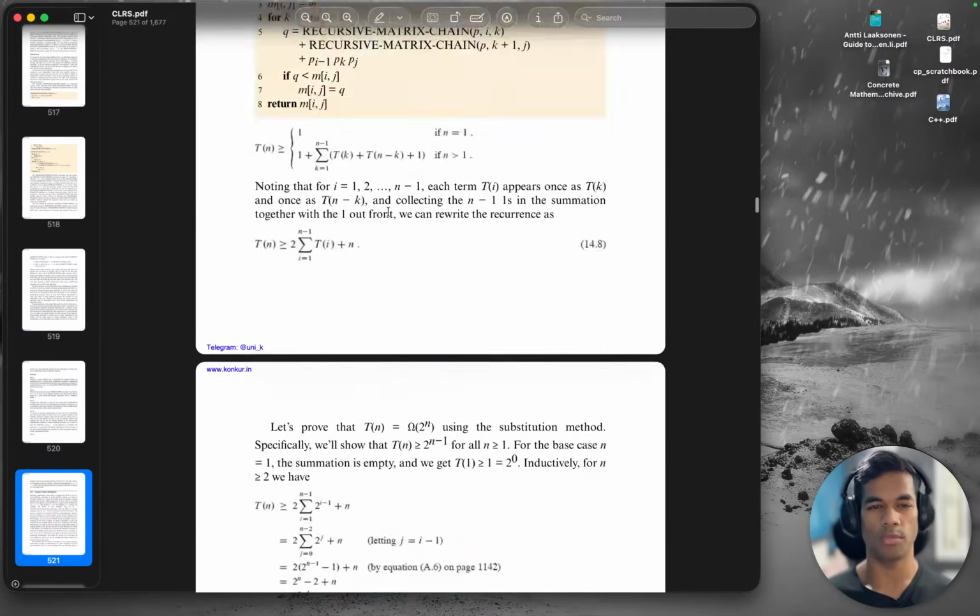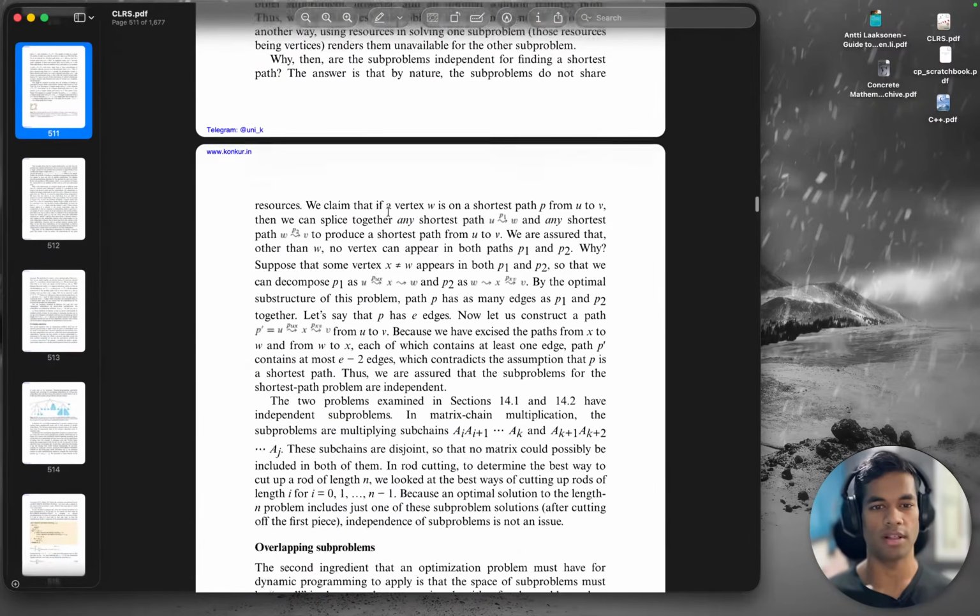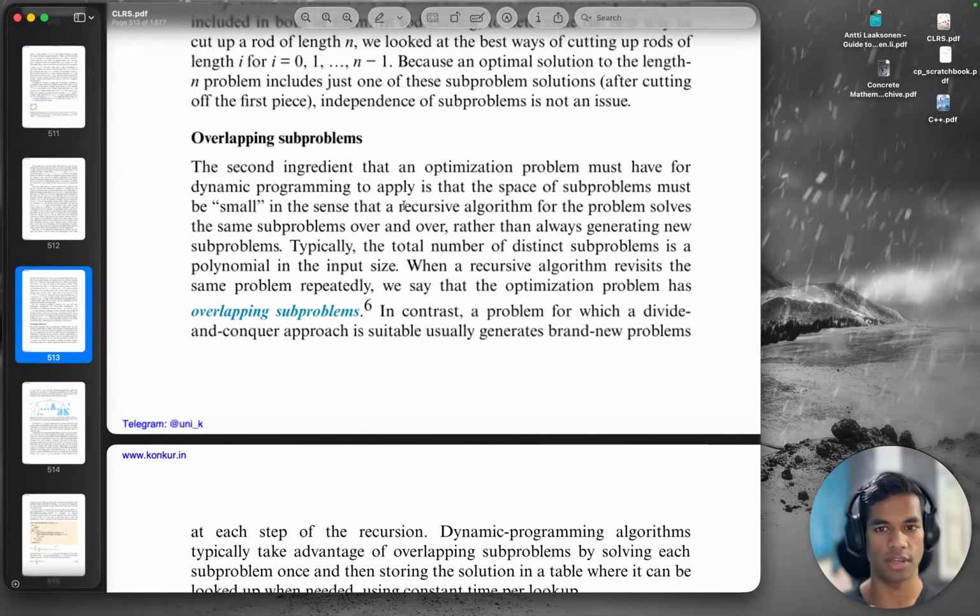Okay, I should not be looking at how much chapter is left because that is a bad thing.